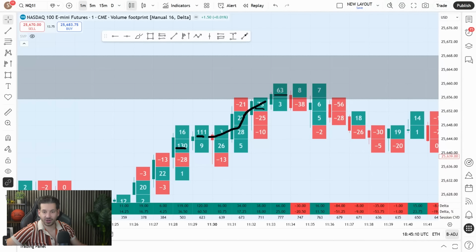We have got bigger numbers here as well, but they did manage to get it up. It's not a perfect example, but what is very important when you're trading the footprint is seeing it live. Like this closed at 63, but this could have jumped all the way up to 150. This could have been 150 delta to the buyers, and then lots of sellers came in and dropped that back down to 63. So you'll want to watch it in real time.